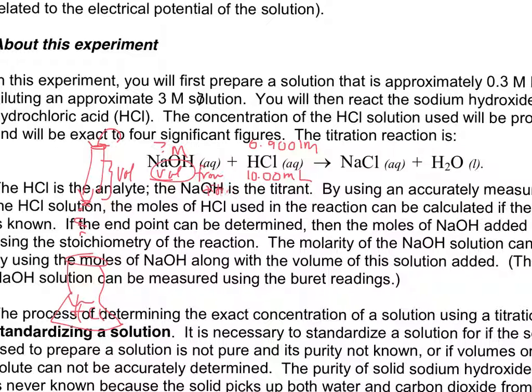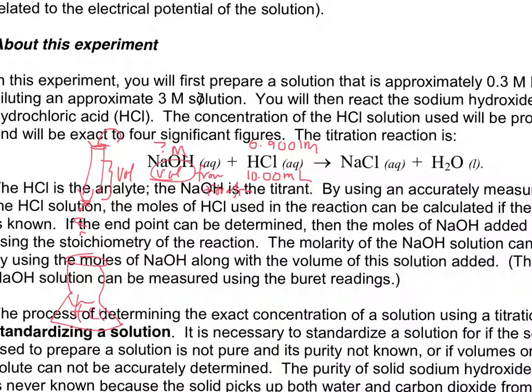Does that make sense? We kind of talked about this. So when you do your trials, and you'll do at least 4 trials, you'll have volume and molarity of the acid, the analyte in your Erlenmeyer flask. And you'll have volume of your sodium hydroxide, and you'll get to the molarity of your sodium hydroxide that you are going to prepare. Okay, so that's in a nutshell what we have going on.